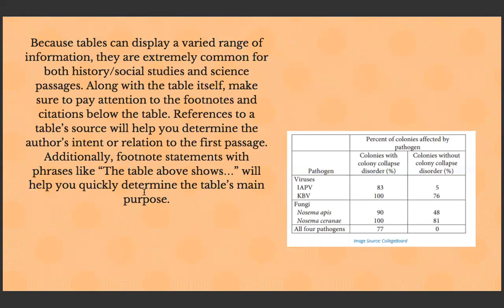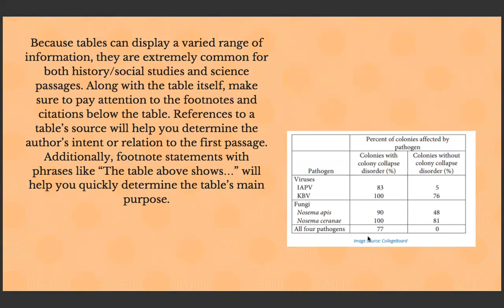Along with the table itself, make sure to pay attention to the footnotes and citations below the table. References to a table source will help you determine the author's intent or relation to the first passage. Additionally, footnote statements with phrases like "the table above shows" will help you quickly determine the table's main purpose.